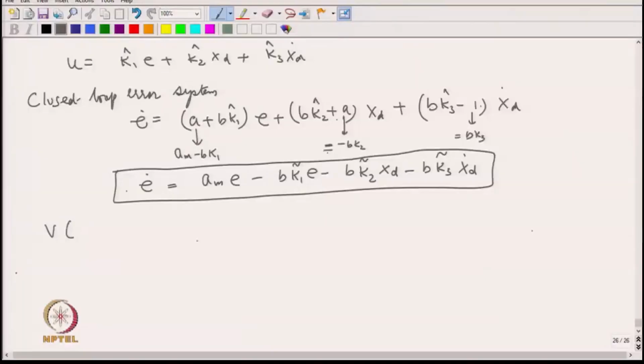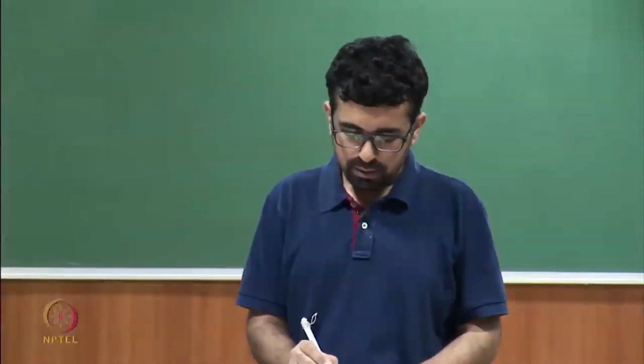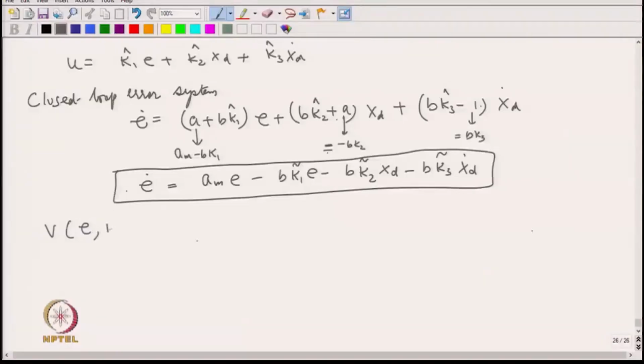The first thing that we always try is a quadratic function. It just makes it simpler, but there could be many choices available which could yield similar results. Okay, so let us choose the Lyapunov function as, so because it is a scalar case, it becomes easier for me to choose it very similar to the direct MRAC case.